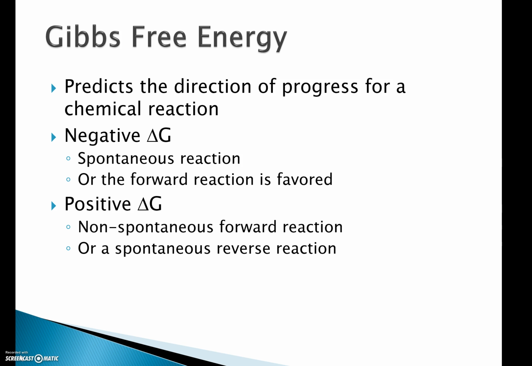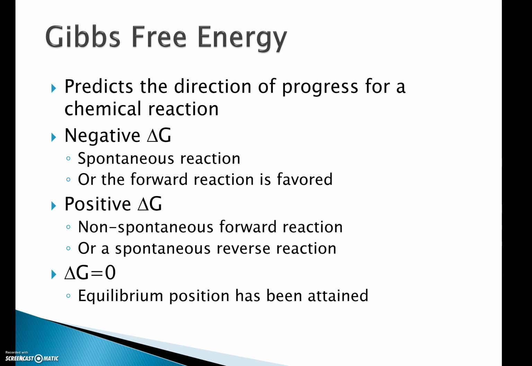If our delta G value is positive, it means that the forward reaction is not spontaneous, or the reverse reaction is spontaneous. If delta G equals 0, then the system has reached equilibrium and the rate of the forward reaction equals the rate of the reverse reaction.